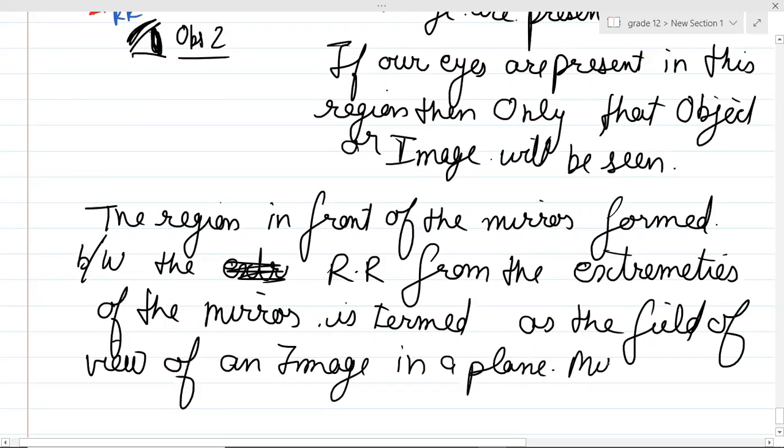Is this clear, guys? If you are able to write this definition, then also it's fine, right? Yes or no? Yes, sir.